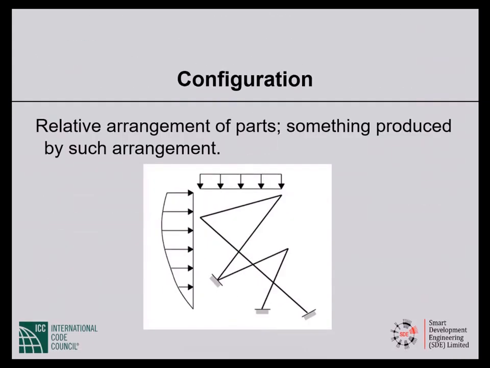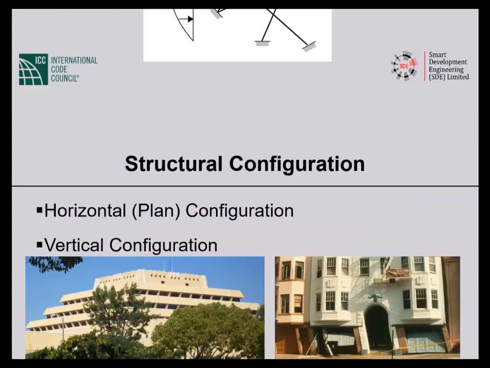So this structural irregularity discussion starts with configuration, structural configuration. The word, if you look it up in the dictionary, says relative arrangement of parts. Something produced by such arrangement of parts. Okay, that's configuration.